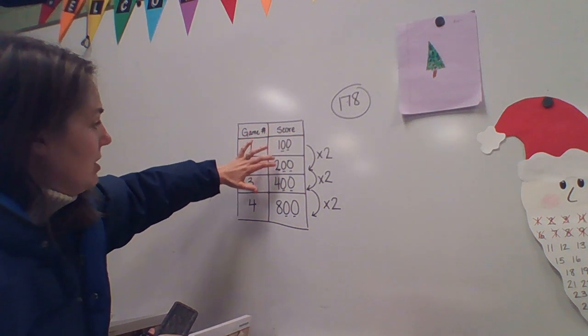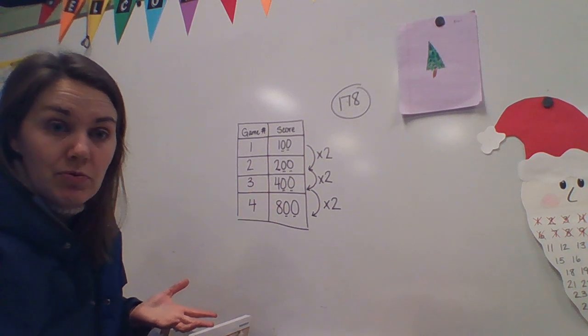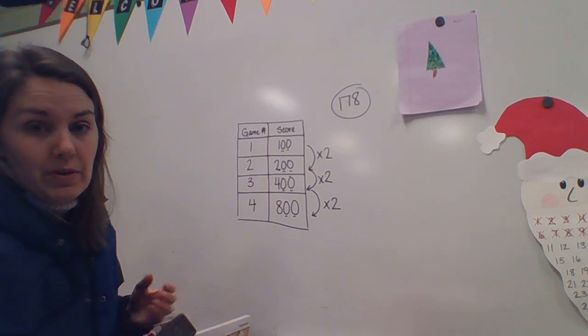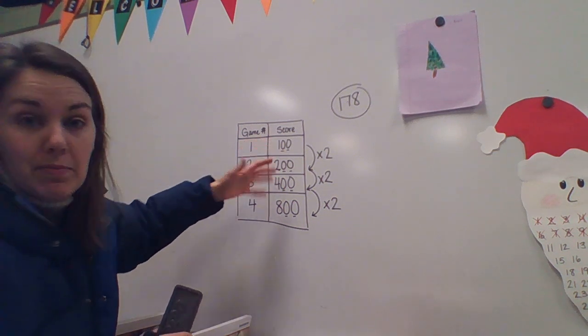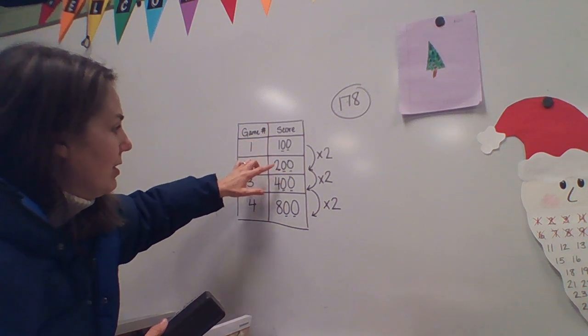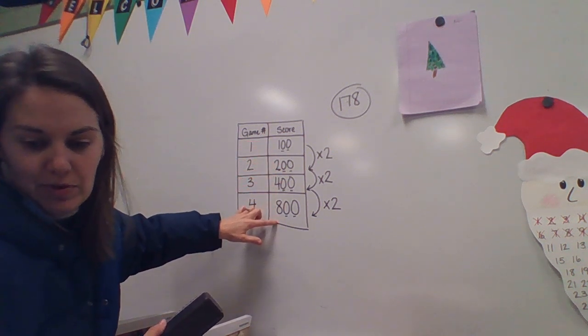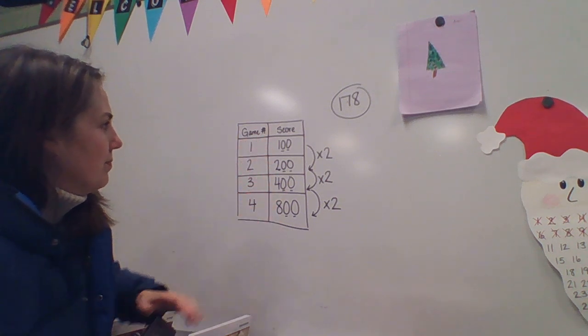So we have 100, 200, 400, 800. So that's something that's consistent with all of the answers. We could also say that each one would be a multiple of 100, right? Because we're multiplying 1 by 100, 2 by 100, 4 by 100, 8 times 100. But that's still not going to get us our specific numbers.